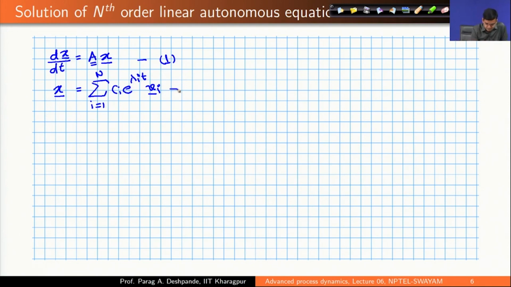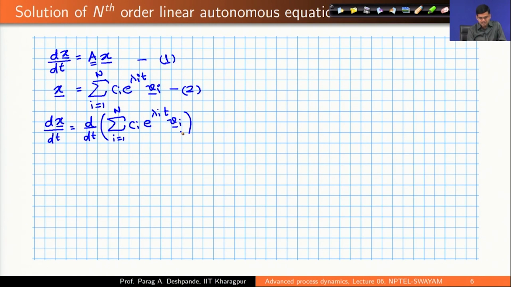So, if equation 2 is the correct solution, then dx under bar by dt would be d by dt of summation i equal to 1 to capital N C i e to the power lambda i t V i under bar, right. So, I would do some rearrangements.